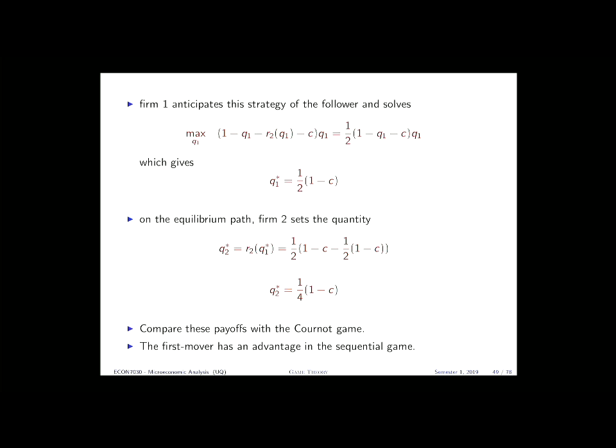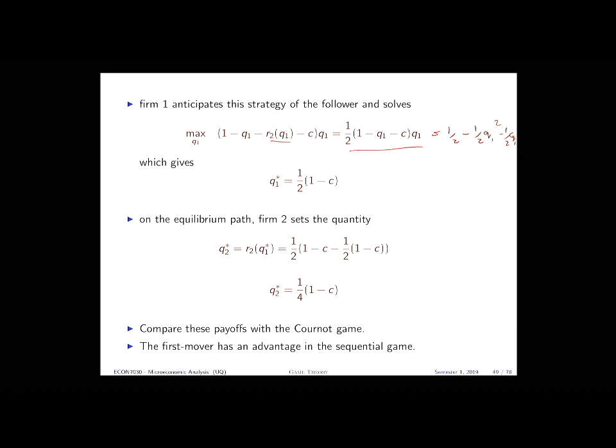How would it look? It would simply be the substitution of R2 instead of Q2 in the profit function, and the best response would be the differentiation of that set equal to 0. If I substitute R2, I simplify it here. You can do it as an exercise for yourself, but you'll see that some things cancel here, and at the end you'll get something like 1 minus Q1, or in other words, half minus half Q1, to the power of 2, minus half C Q1.